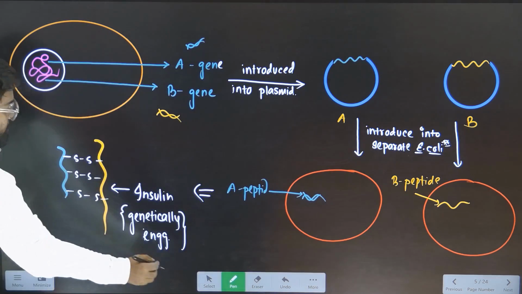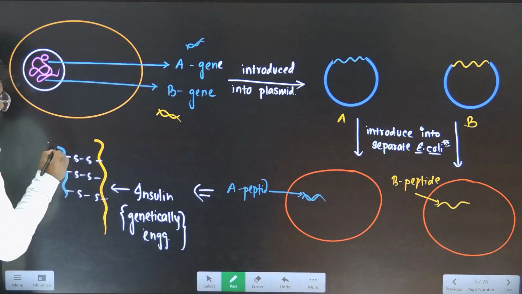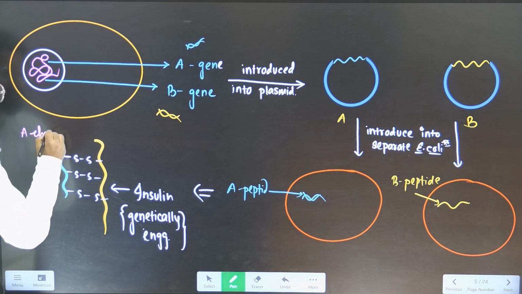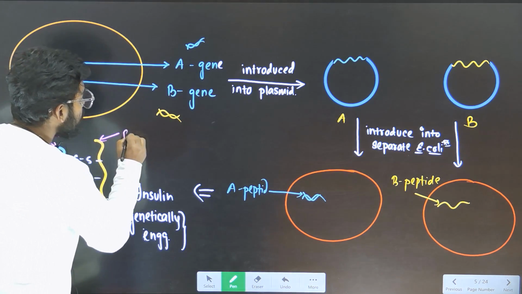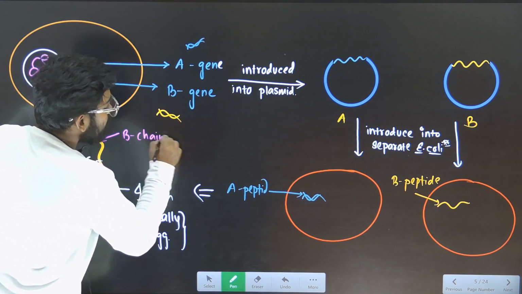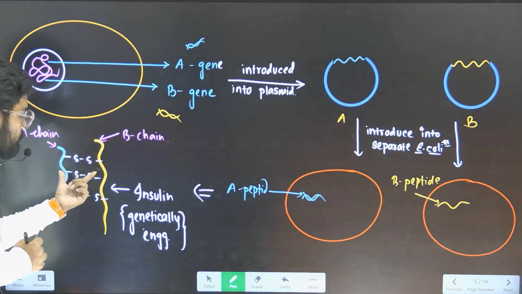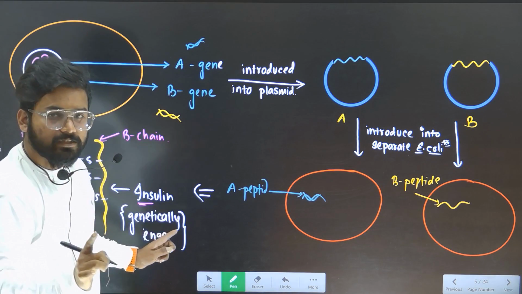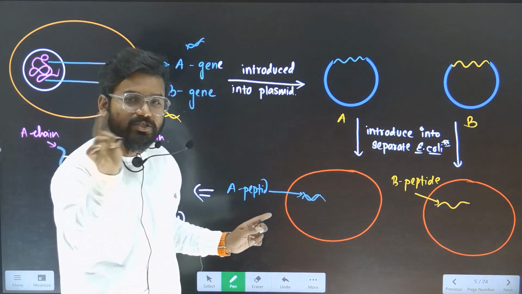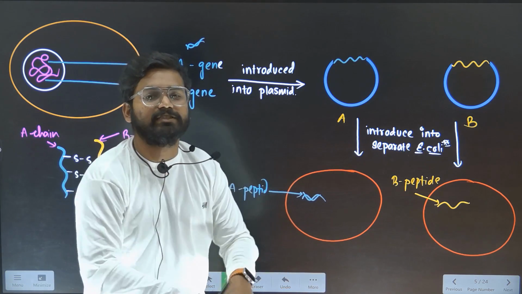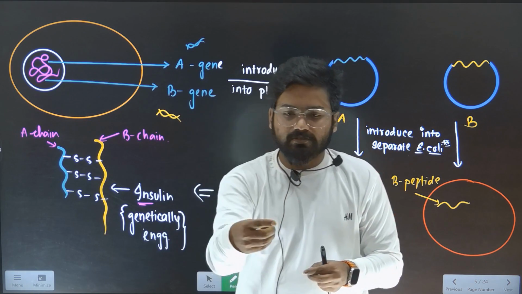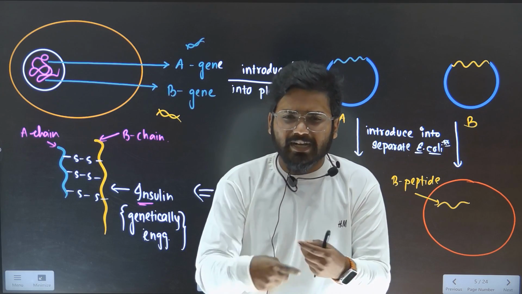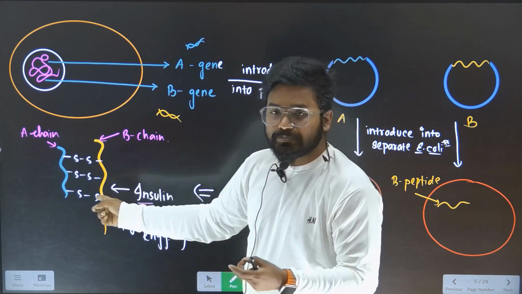Normally there are two chains, the chain A having A peptides and the B chain. So these also we have produced, that is the insulin now produced by genetic engineering is almost identical or similar to the insulin that is naturally present in the body, which reduces the chance of antibody actions against that hormone.